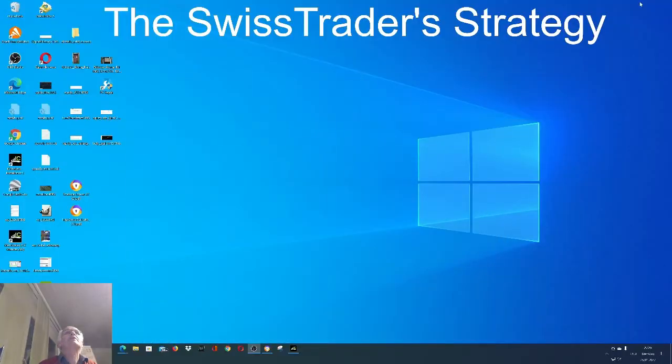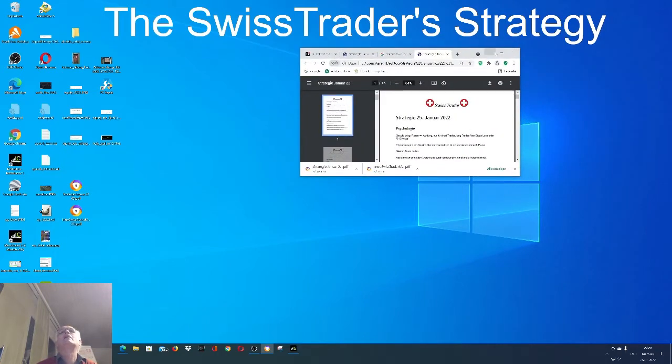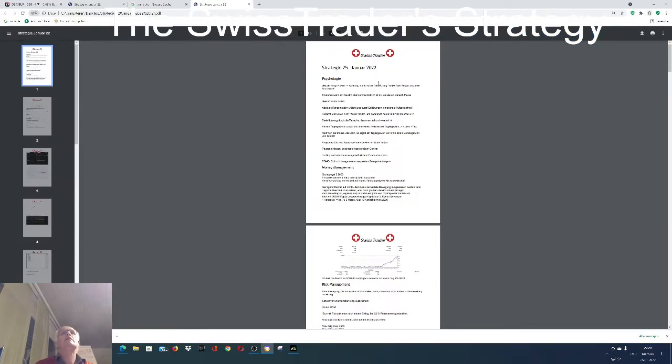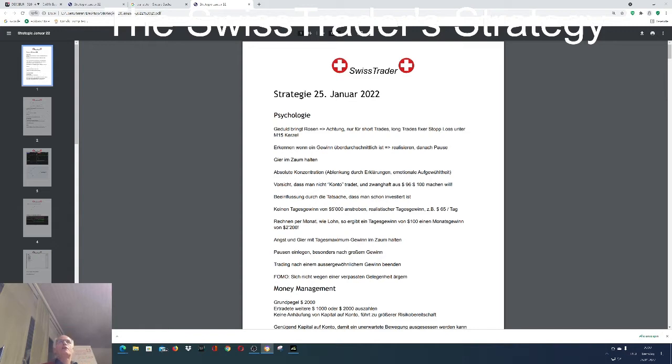Then we look at the whole strategy. First, most important, psychology, and there is my credo: passion brings roses, but that's only valid for short trades.